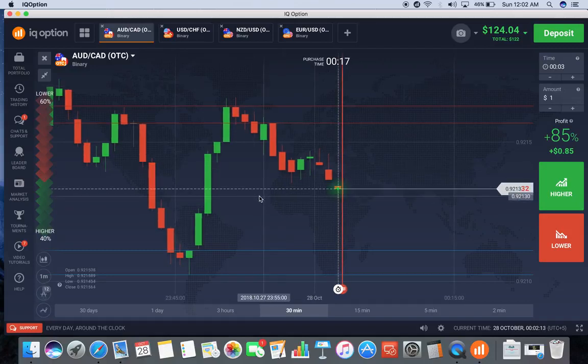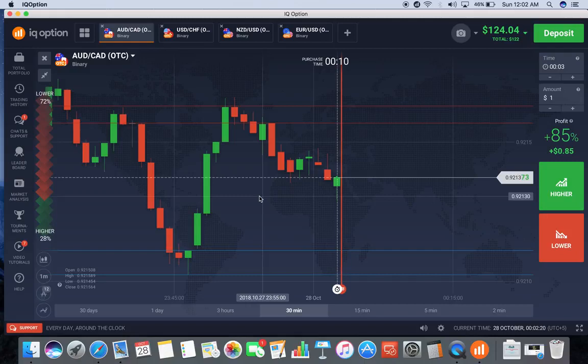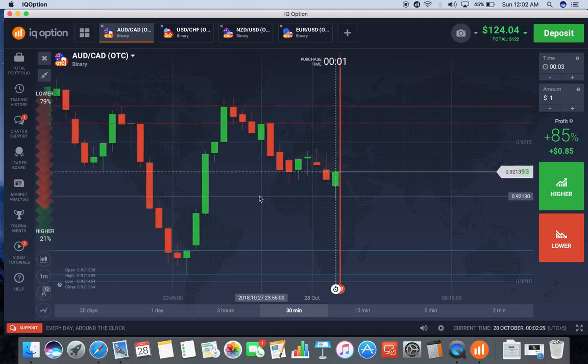I'm not that much against people using indicators, EMAs and all that. It depends on how you use them. If you're using them like everybody else, you will face a very hard time trading.